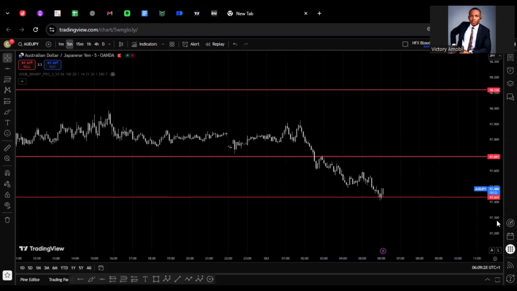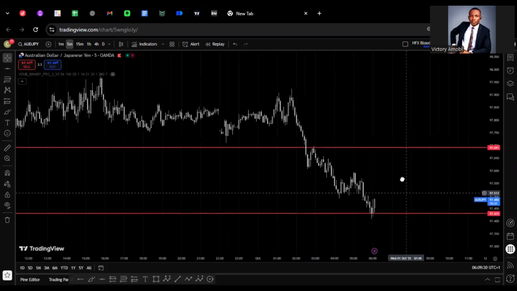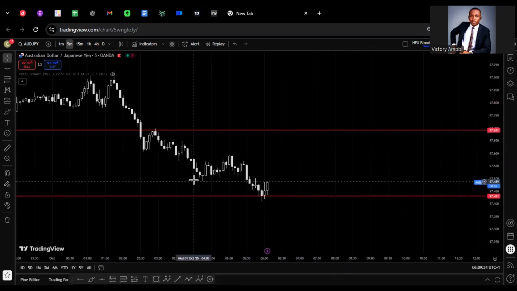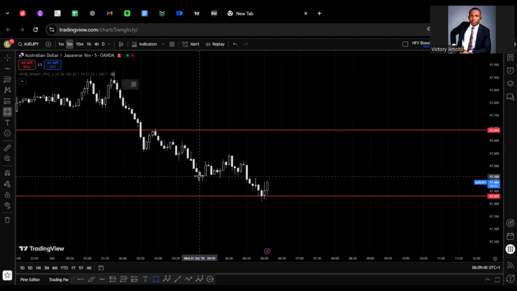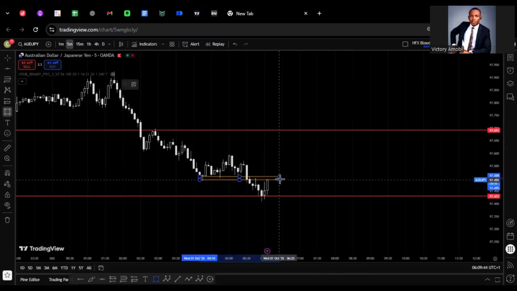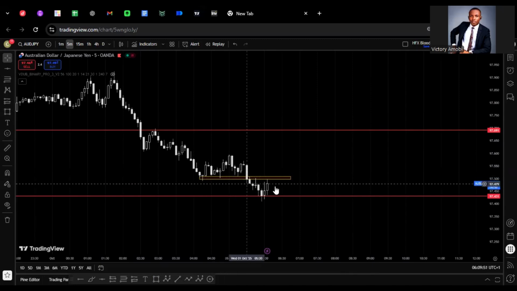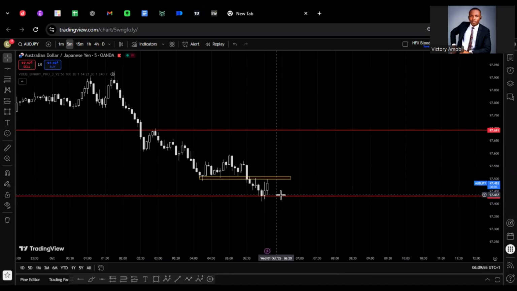If I'm to look at a clear support here on this 5 minutes time frame, I'm seeing this area, all right? So let me mark it out as well. This is a zone I'm seeing right here. One, two, three, break. So do I expect the market to sell at this point?